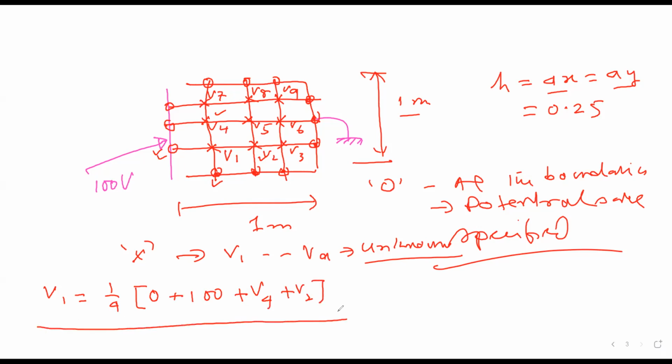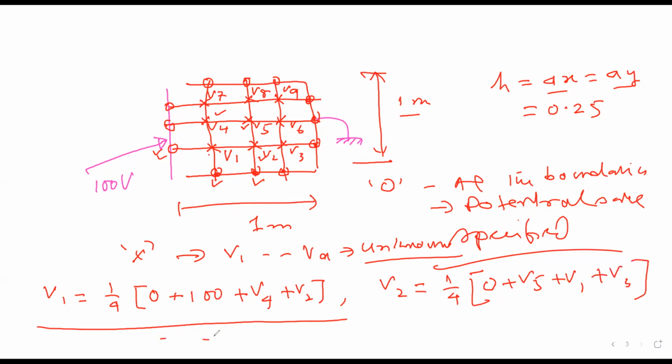Similarly, can you calculate the voltage at node 2? Your voltage at node 2 would be equal to 1 by 4 times: one node is 0, another node is V5, another node is V1, another node is V3.